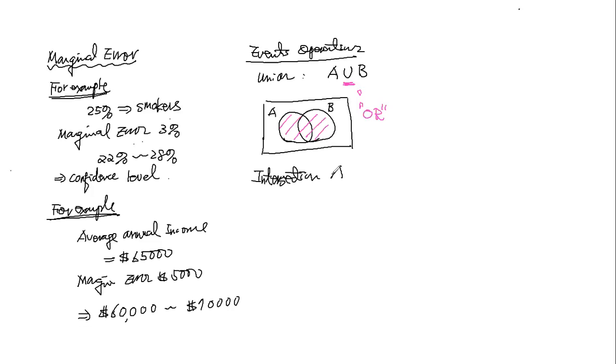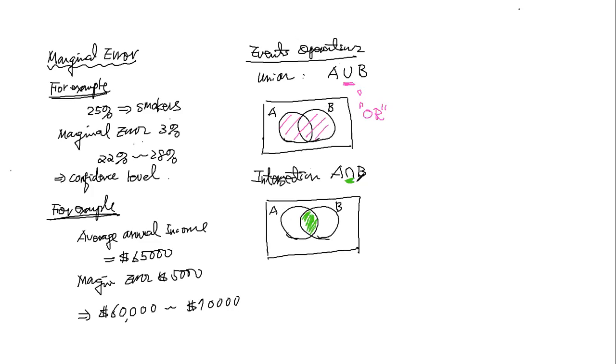So we say A intersect B. This symbol is kind of like an upside down U. So what is the intersection? Let me give you a picture here. A intersect B means the common part of A and B.